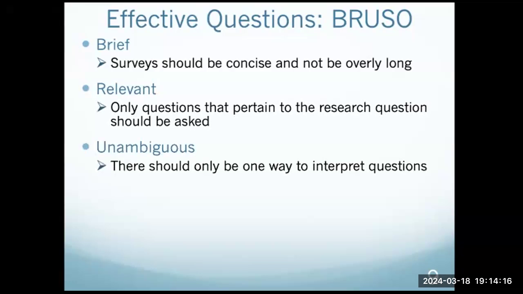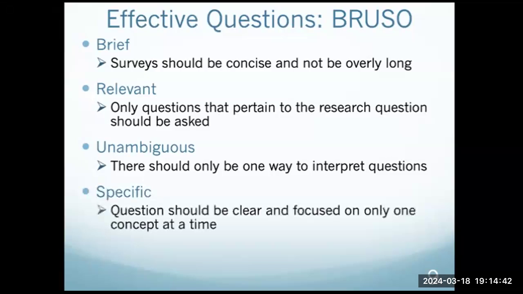So this maximizes the idea that you are actually getting to the construct you're trying to understand. If you have long, wordy questions that can be interpreted many ways, that is going to hurt your validity, right? It's going to hurt your construct validity. So you make sure that the questions you ask are very simple and straightforward.